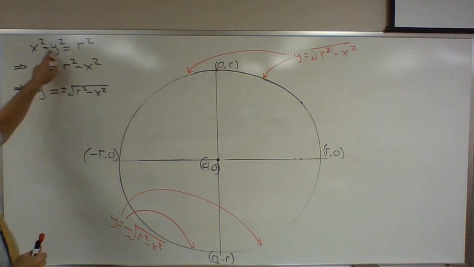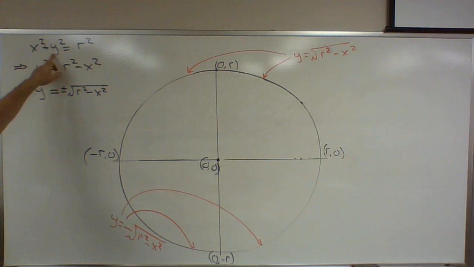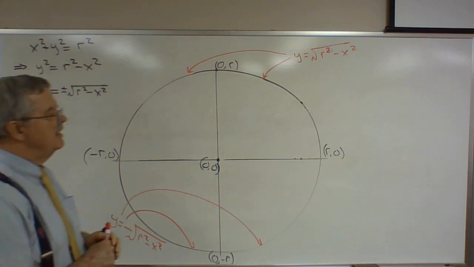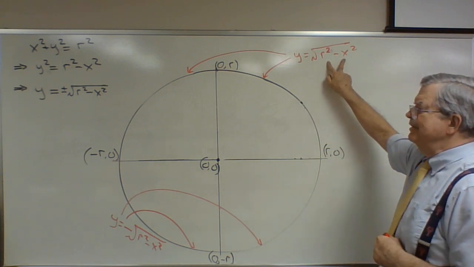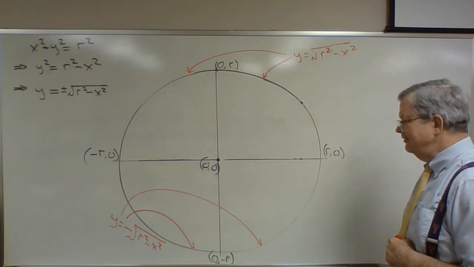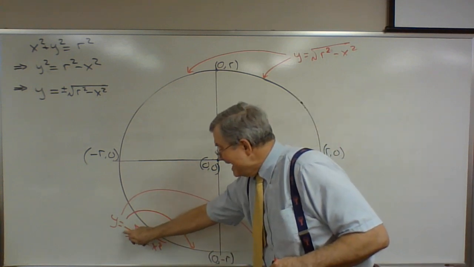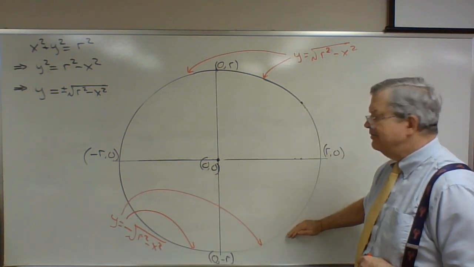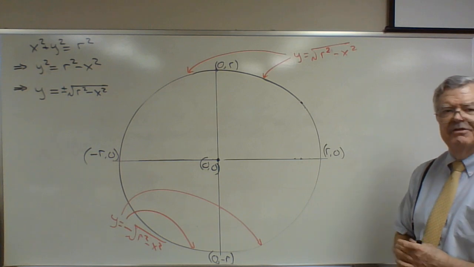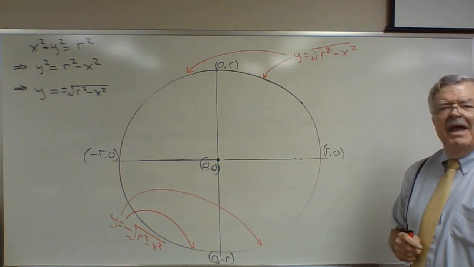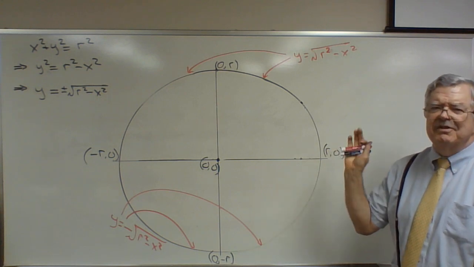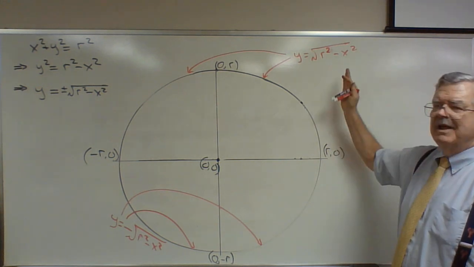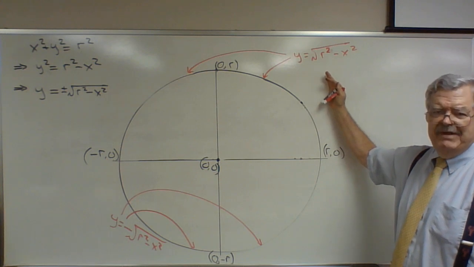So when I take this equation of the circle of radius r and I solve for y, the positive square root will give me the semicircle above the x-axis. Y equals negative square root will give me the semicircle below the x-axis. And in some of our integral problems, like the one we just got done doing, we're going to have to make this observation.